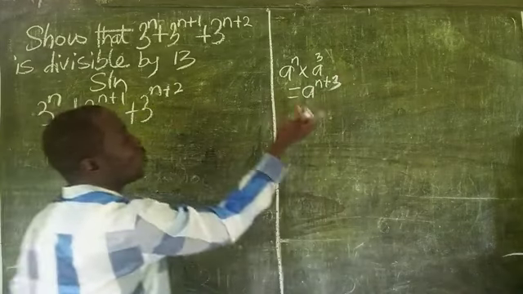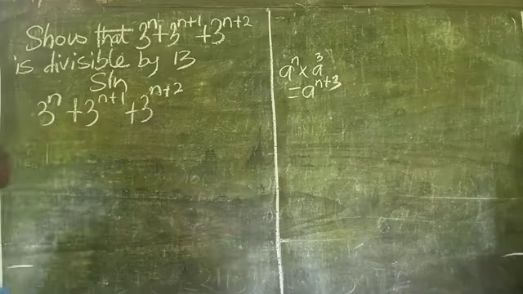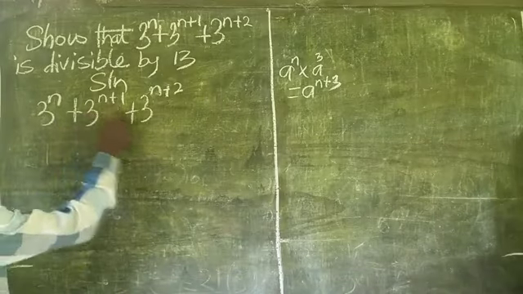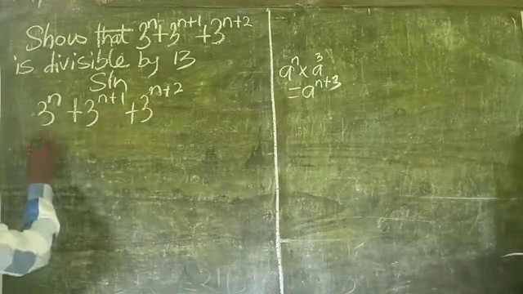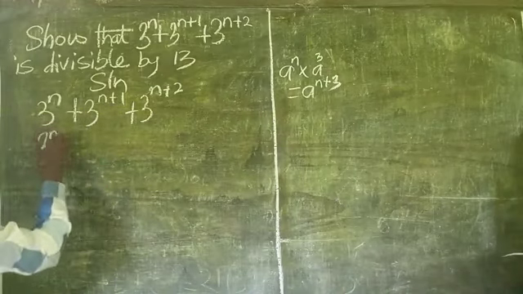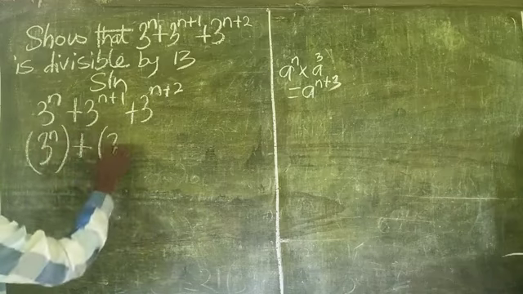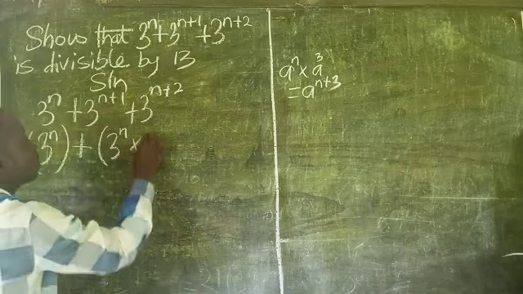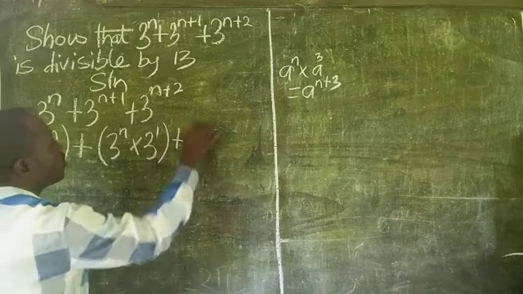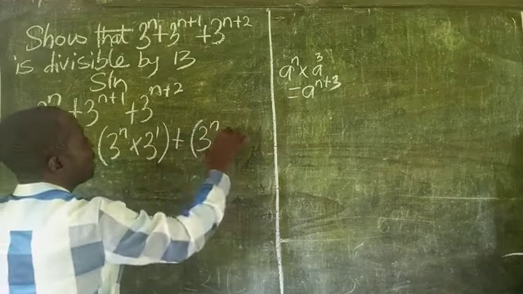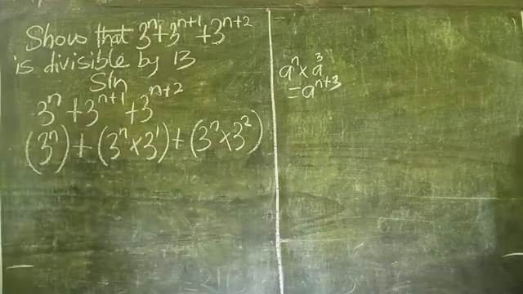It will come in any form. Unfortunately for us, we're having it here, so we're trying to bring it back to this form. What do I mean? We are going to write this as 3 raised to power n, with a bracket, plus 3 raised to power n times 3 raised to power 1, close the bracket, plus, open again, 3 raised to power n times 3 raised to power 2. And this is fine.